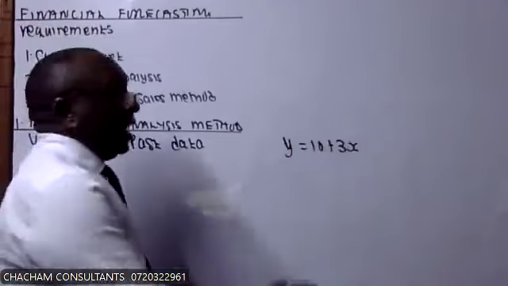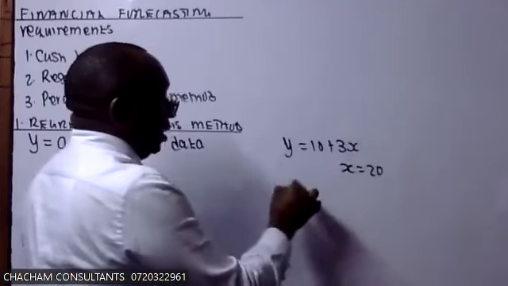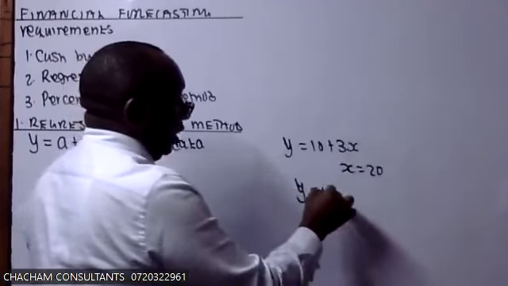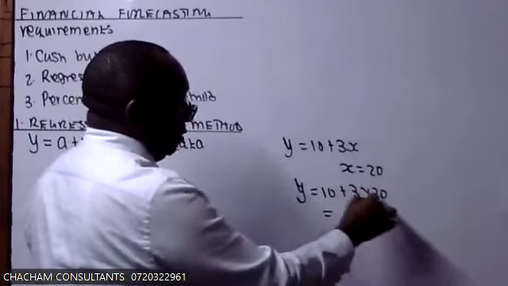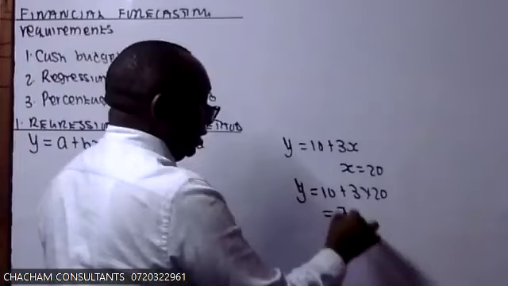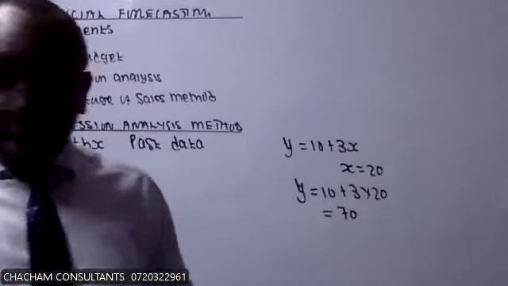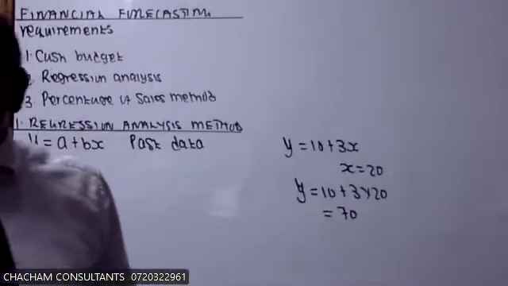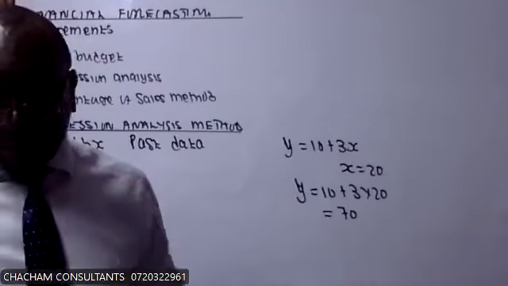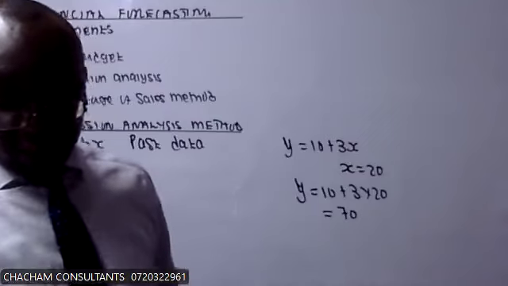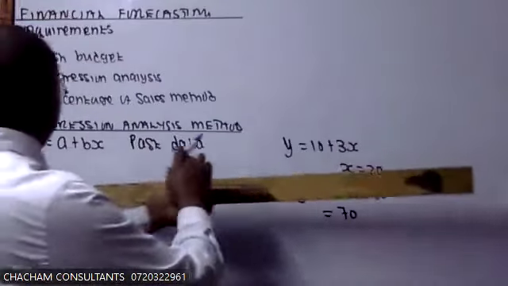Then, if you know the value of x, for example, you are told x is 20, you just come here and say y is equal to 10 plus 3 times 20. So this will be 10 plus 60, that is 70. It's as simple as that. I have seen that in the past papers that we have, that method has never been tested. So we just proceed to the second method, cash budget method.